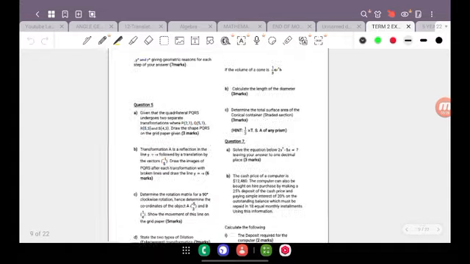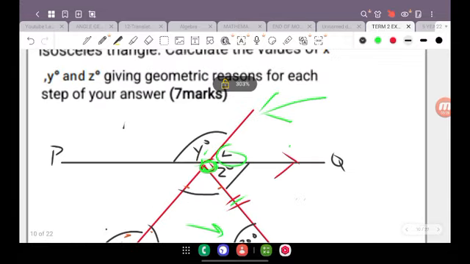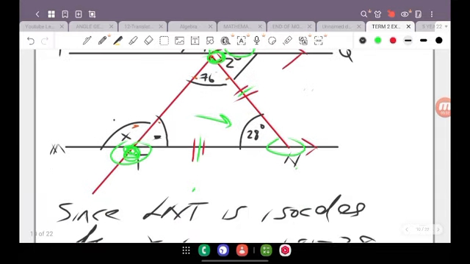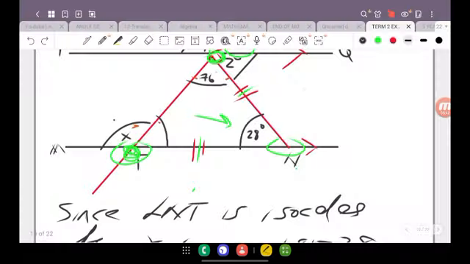So if I zoom this up right here, I know that this angle is 76 degrees, and I also know that this angle here is also 76 degrees as well.